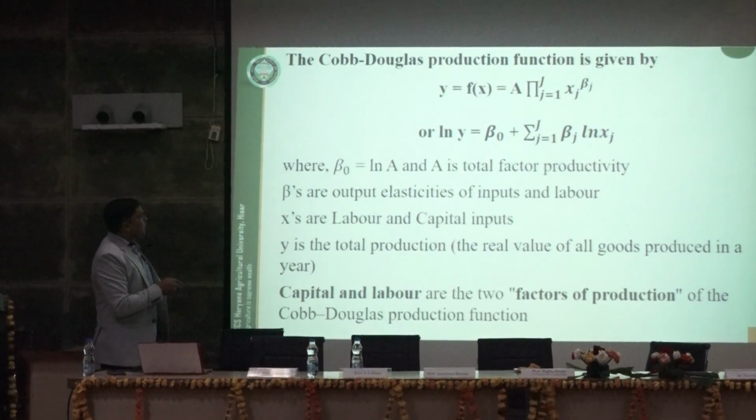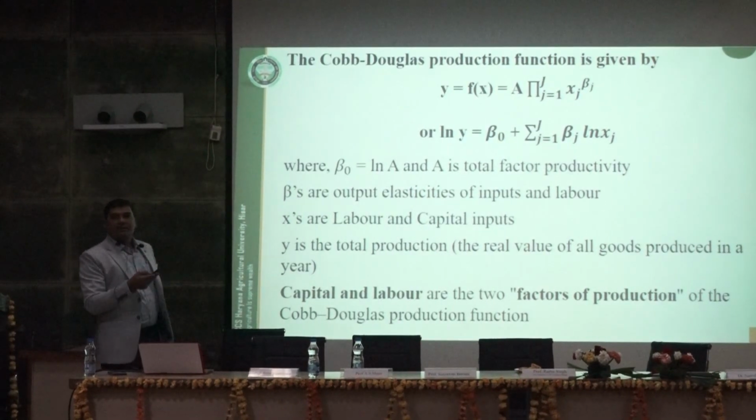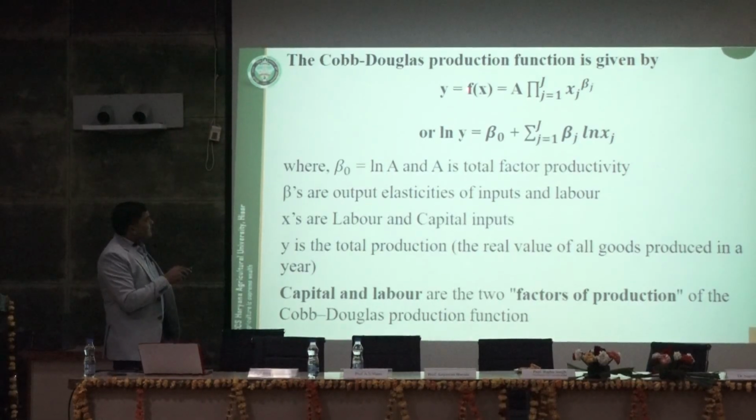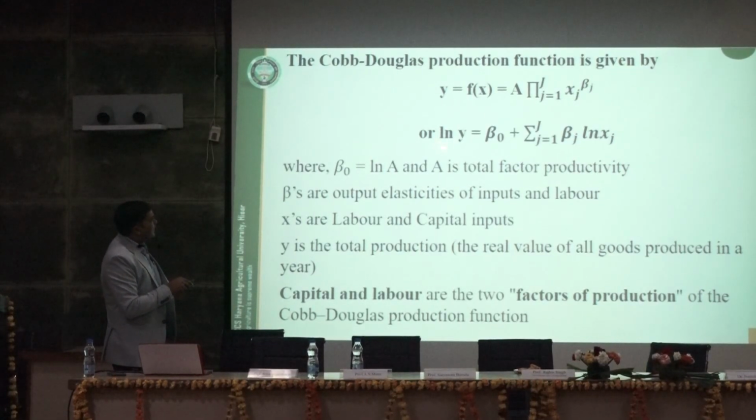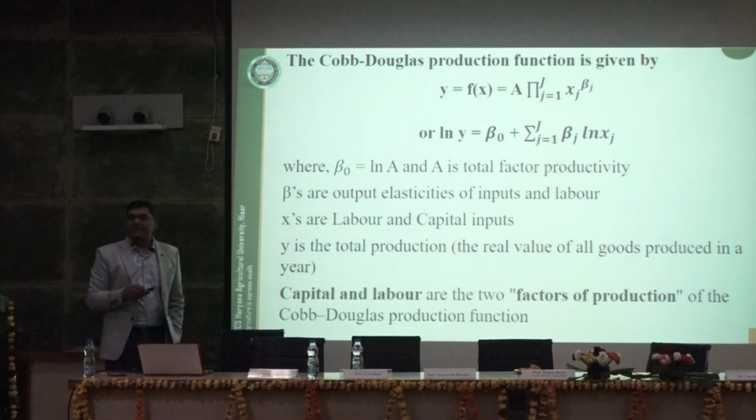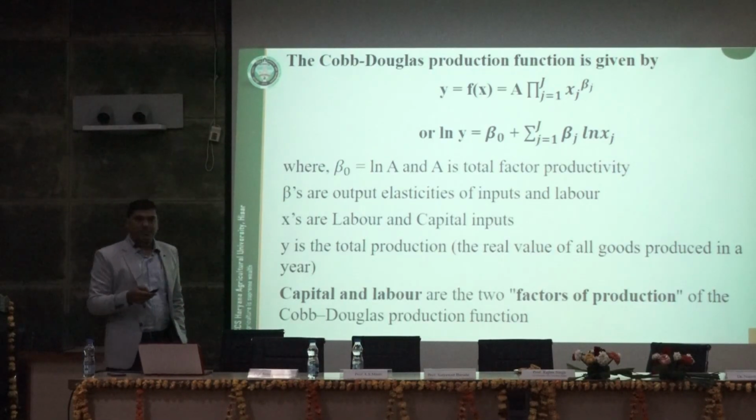And after taking the logarithm, we can make it linear. So this is the product of x_j raised to the power beta_j, and this A is the total factor productivity, and this x_j is the input variable.